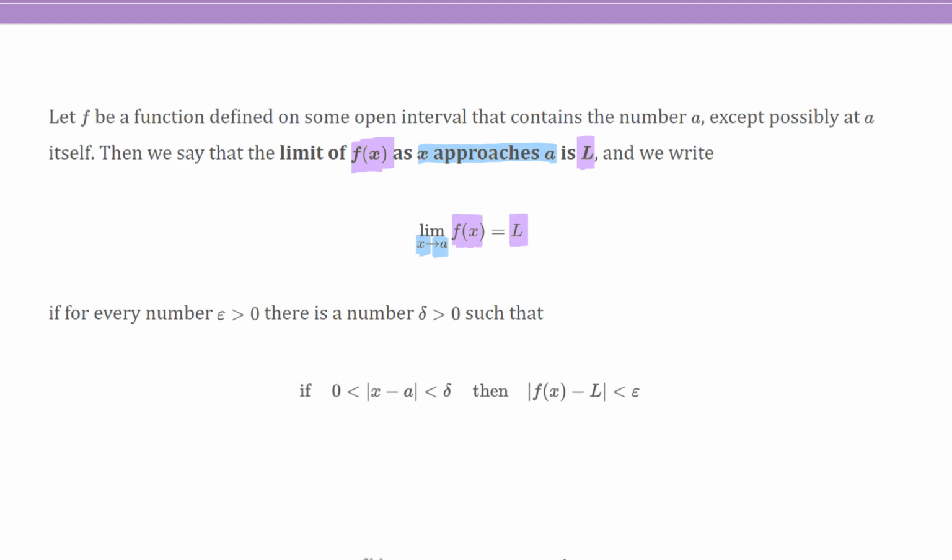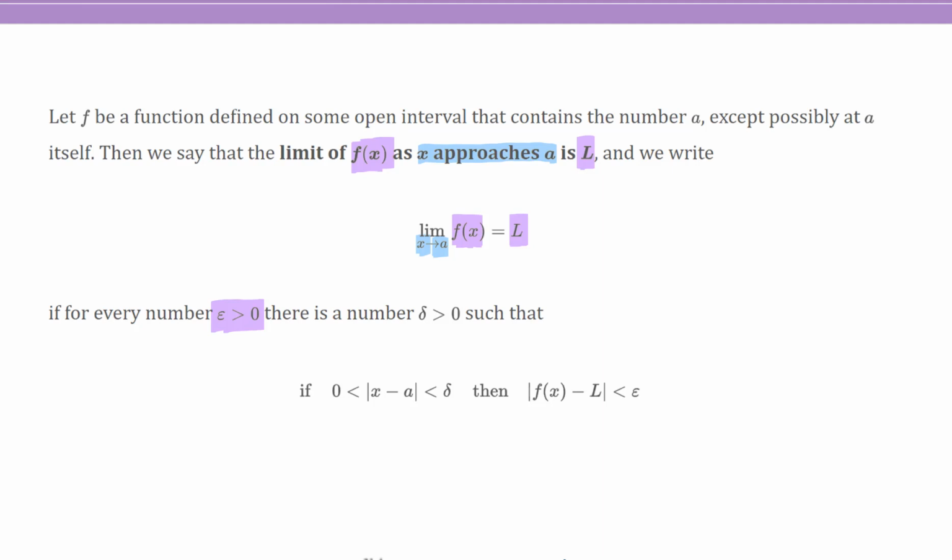But this is where we all get weird. This is the formal definition. For every number epsilon greater than 0, some positive number.